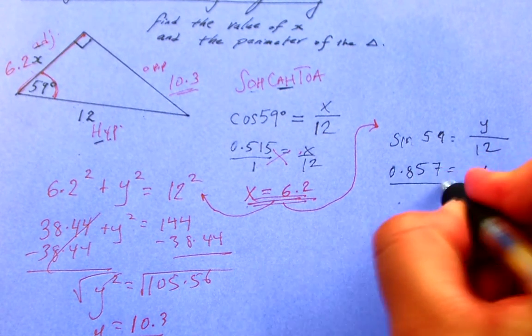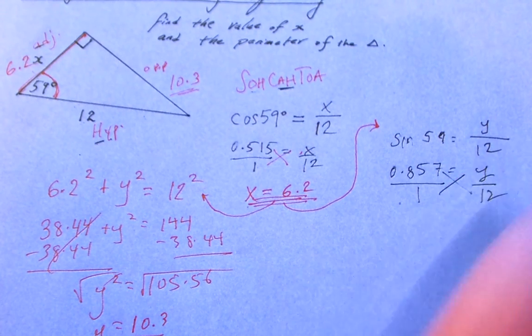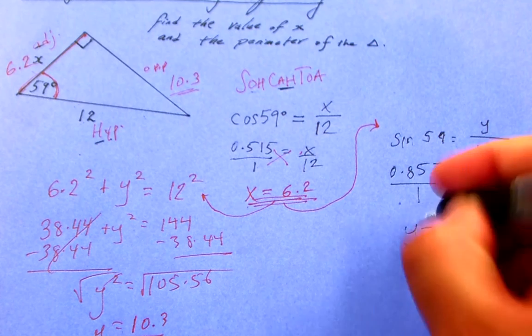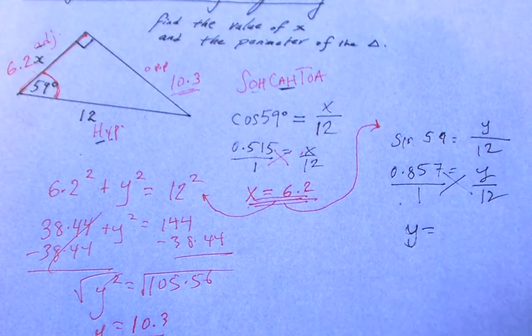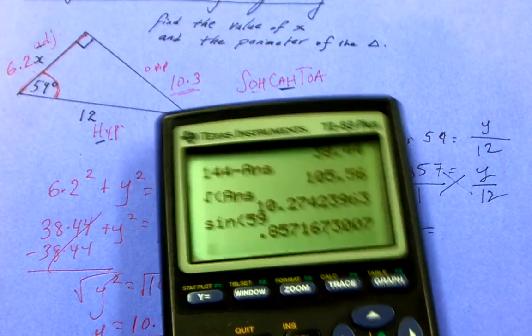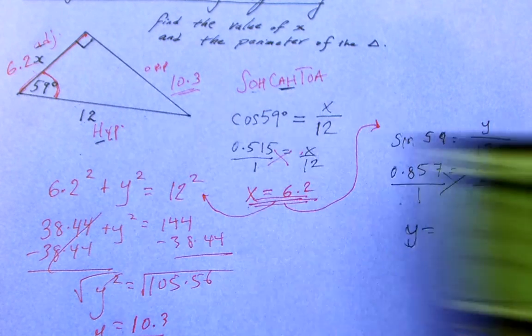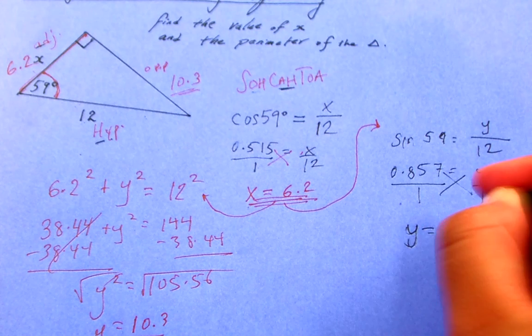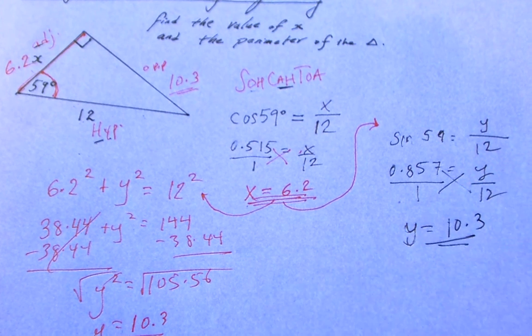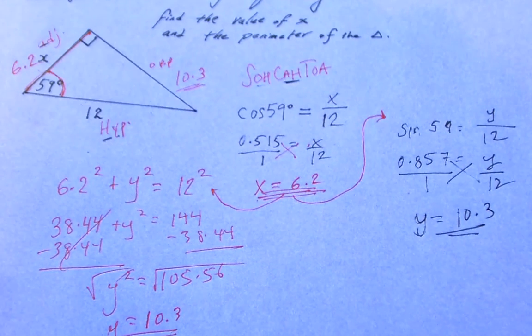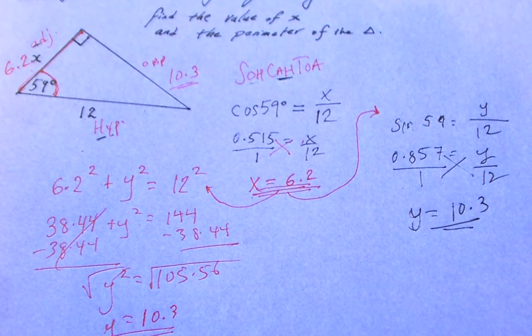And I'll express this as a fraction to make it clear the relationship between these parts proportionally. y times 1 is y, which is equal to this number here times 12, giving me, what do you know, 10.3. So either way, you get the same value. So it's kind of student choice, whatever one you feel more comfortable with or like to use. Either method will get you the same length.